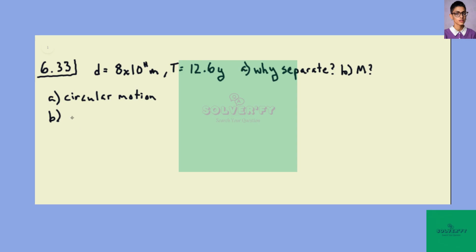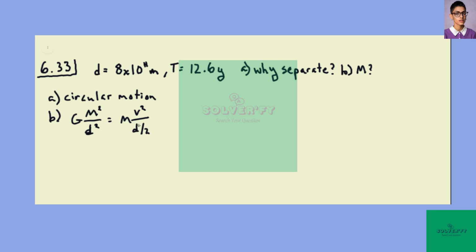So now, if the gravitational force on one of the stars is providing its centripetal force, then we have G m squared over d squared is going to be equal to m v squared over d over 2, because d is the distance between them, and so that has to go into Newton's law of gravitation.